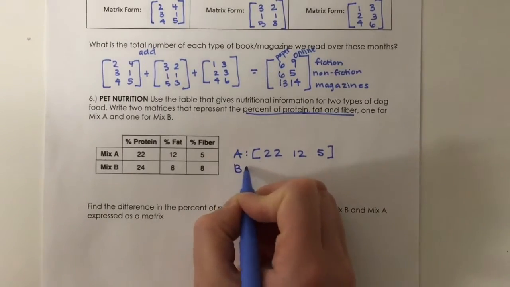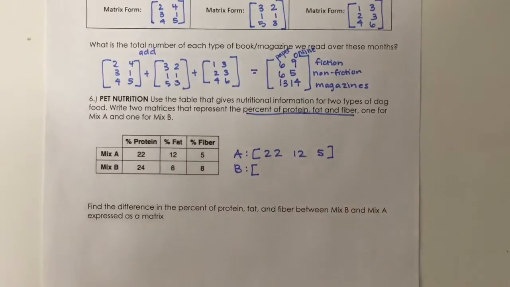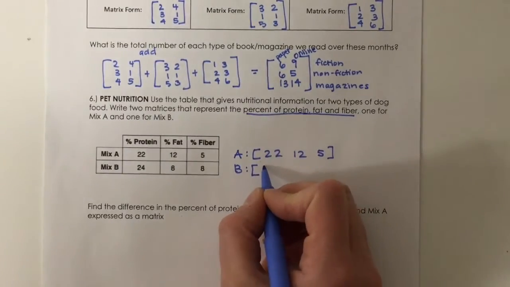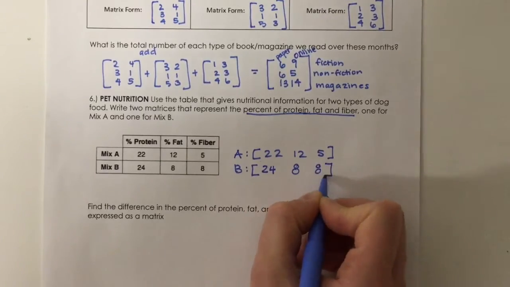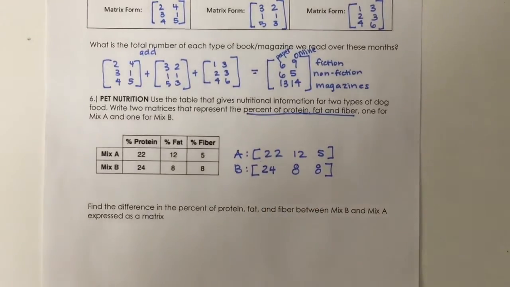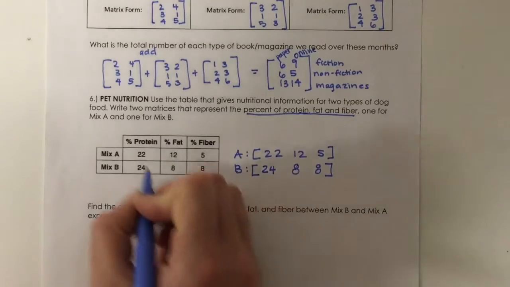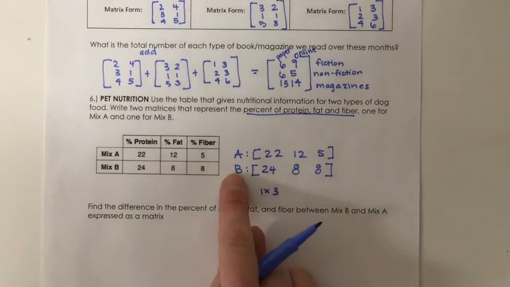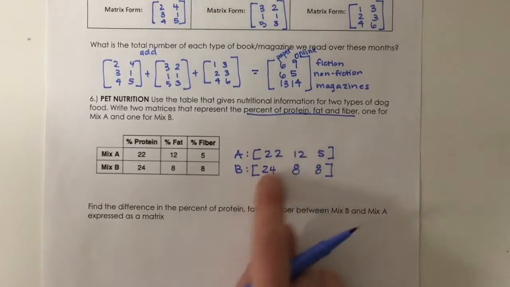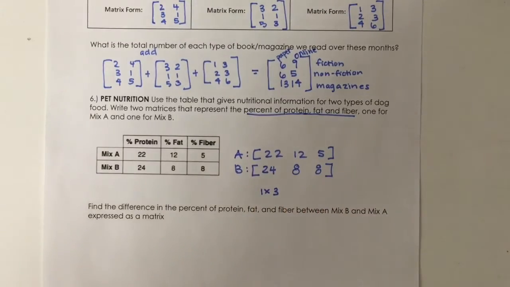And B, we have to keep things in the same order. So since we started with protein here, I have to do protein just below it. 14, 8, and 8. And now we have 1 by 3 matrices. The first one represents mix A, second one represents mix B, but all of our columns mean the same thing.